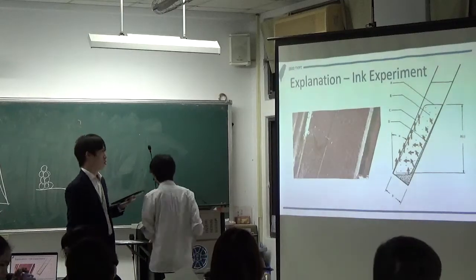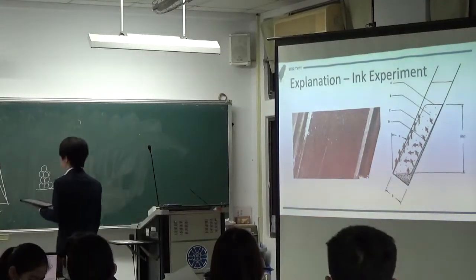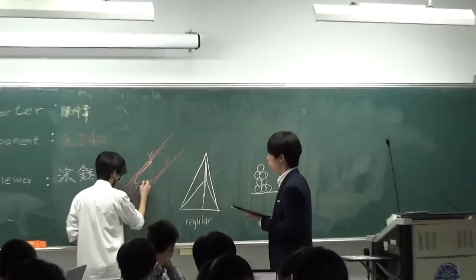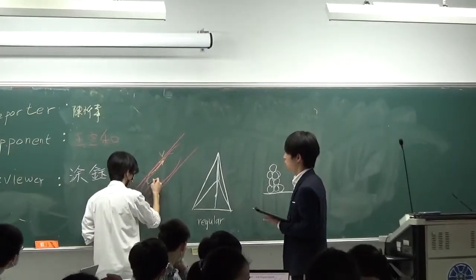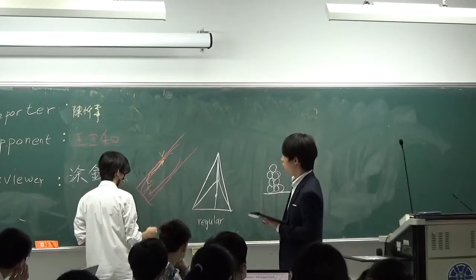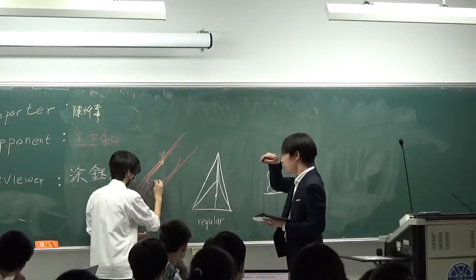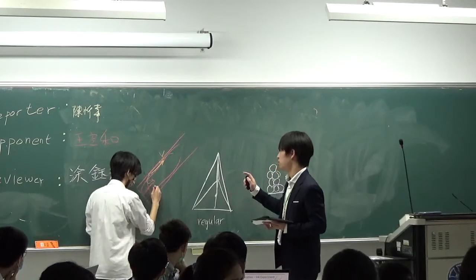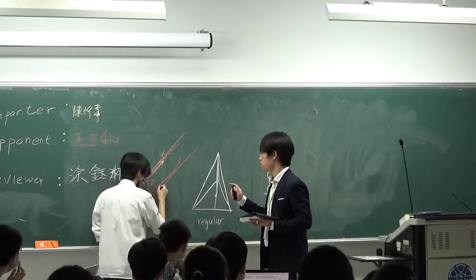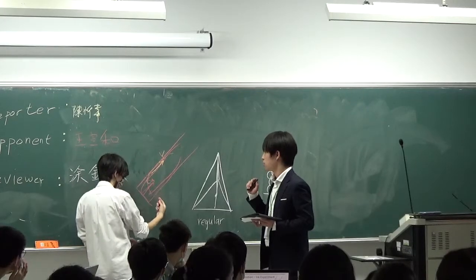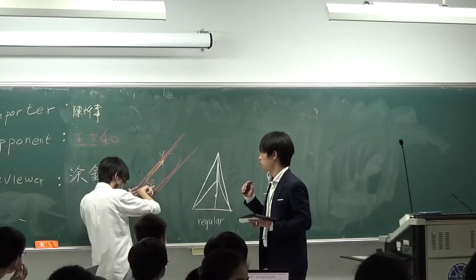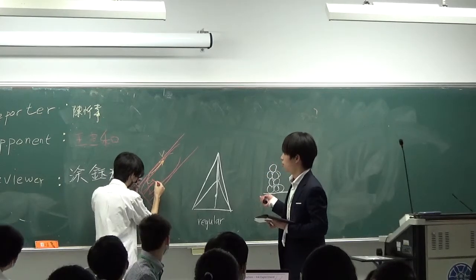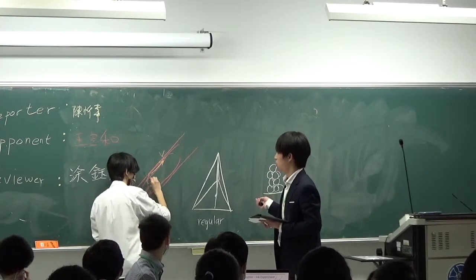So you mentioned that. So I basically inject the ink here, and then I observe this kind of motion. If I inject the ink with a velocity v in this direction, it basically turns in this direction.